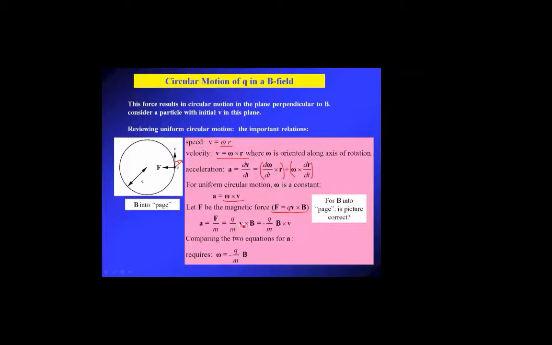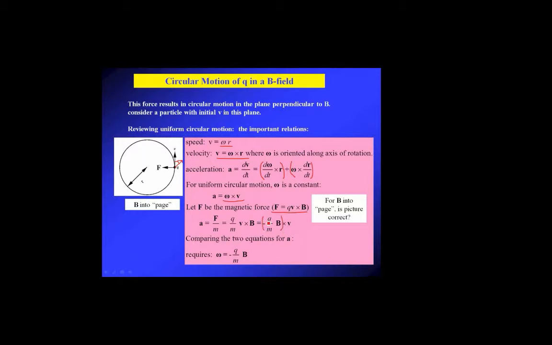So again, we have acceleration that's going to be proportional to that cross product. So turning this cross product around, we would have the acceleration is minus q over m, B cross v. And the reason for doing that is because we can now compare the two equations for a, because we want v on the right, and so you can see that the omega vector is equal to this quantity right here.